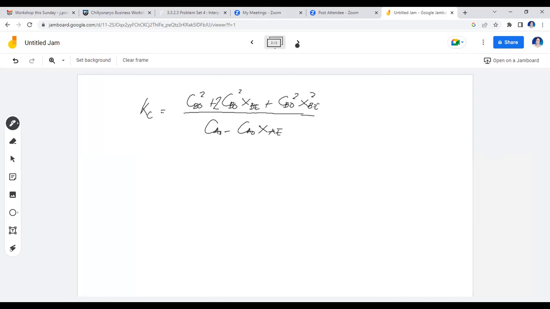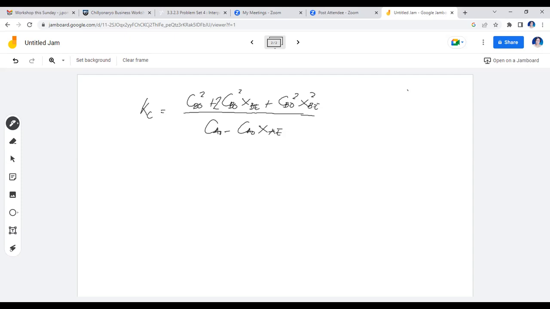Okay. Now, what seems to be the problem with this particular equation that we have? What is the problem with this equation? We already have the XAE, but we of course have a problem. What is the problem here? Ay, ang CBO, miss, wala na value.